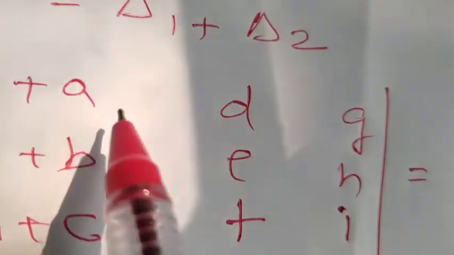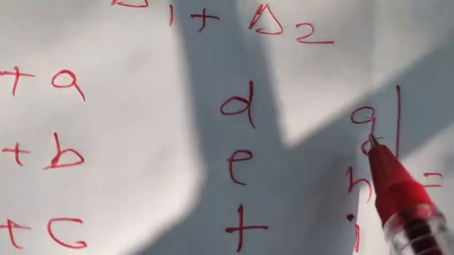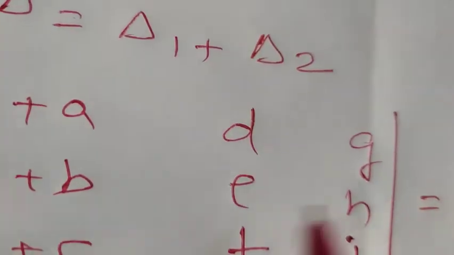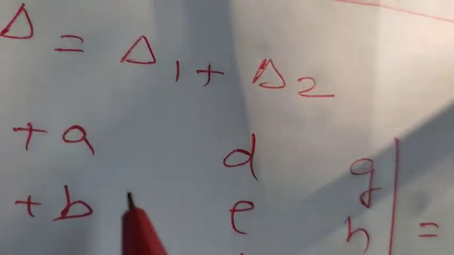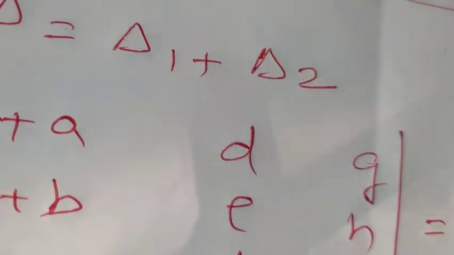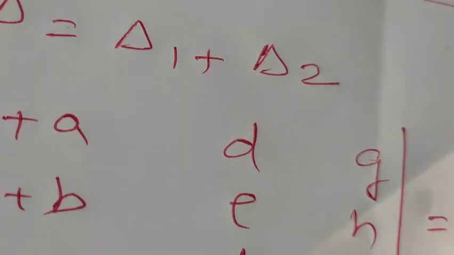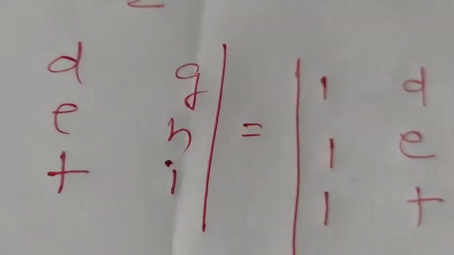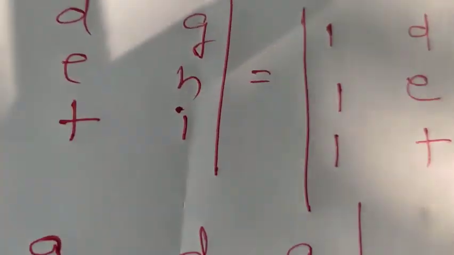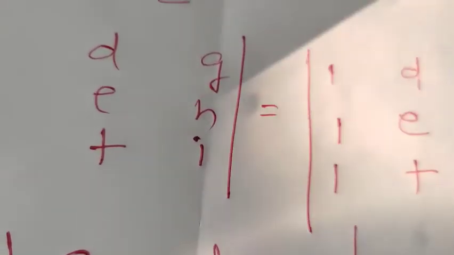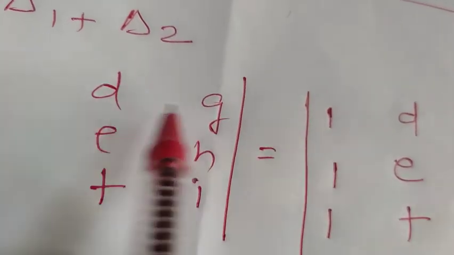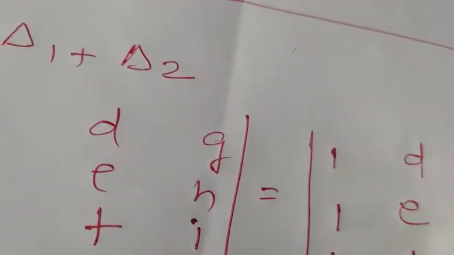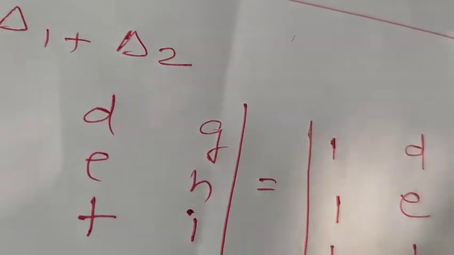If instead, you have 1 plus A, 1 plus B, 1 plus C like this in a row, it can be written the same way. Here the column will be changing; in that case, the row will be changing. So the only thing is, the row will come as 1, 1, 1, and A, B, and then A, D, G, like that.